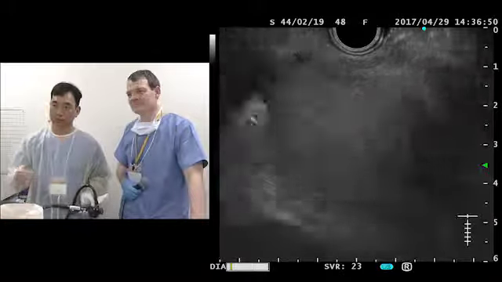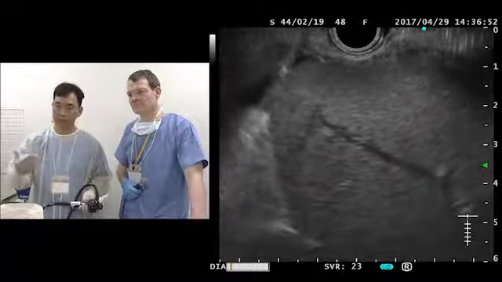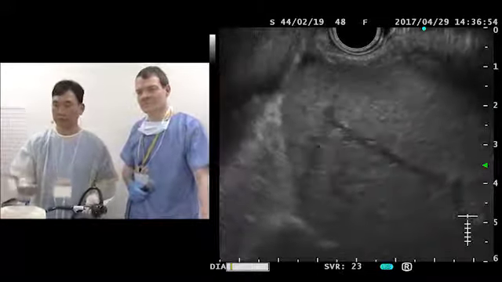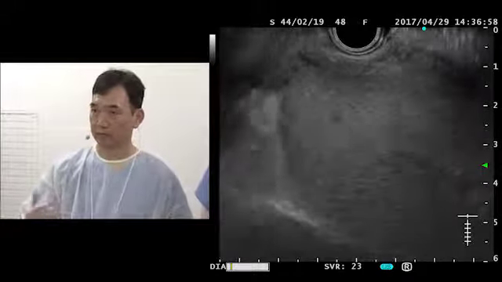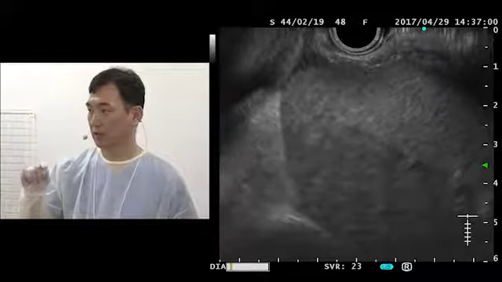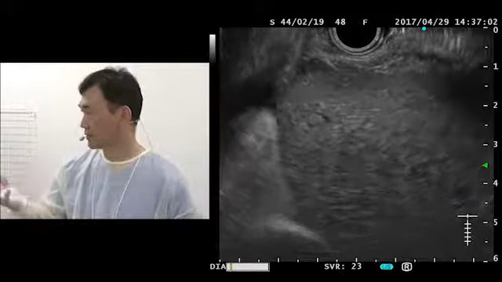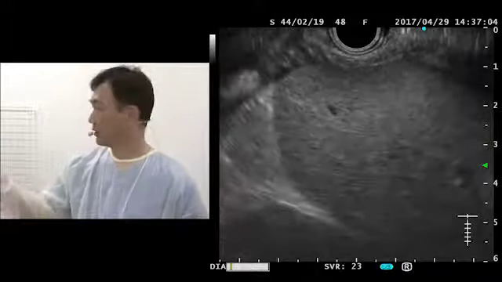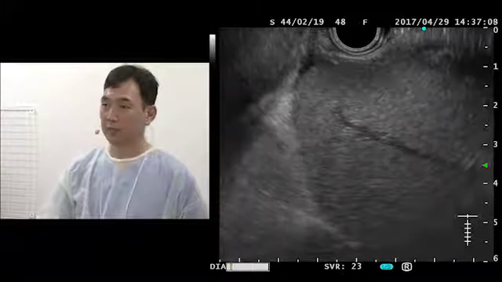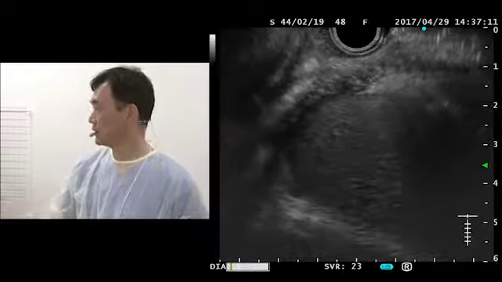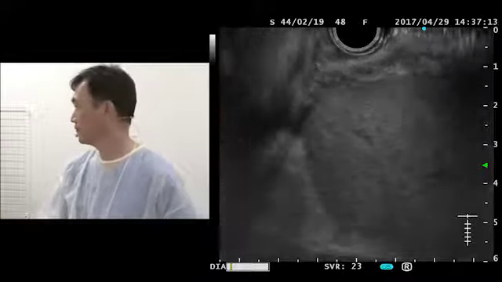That goes along with the normalization of liver enzymes once she stopped drinking. Now the FNA sample was adequate. We're fortunate to get really good core material on the slides, and the pathologist has evaluated the tissue. I want to ask her to explain what she sees. Thank you.